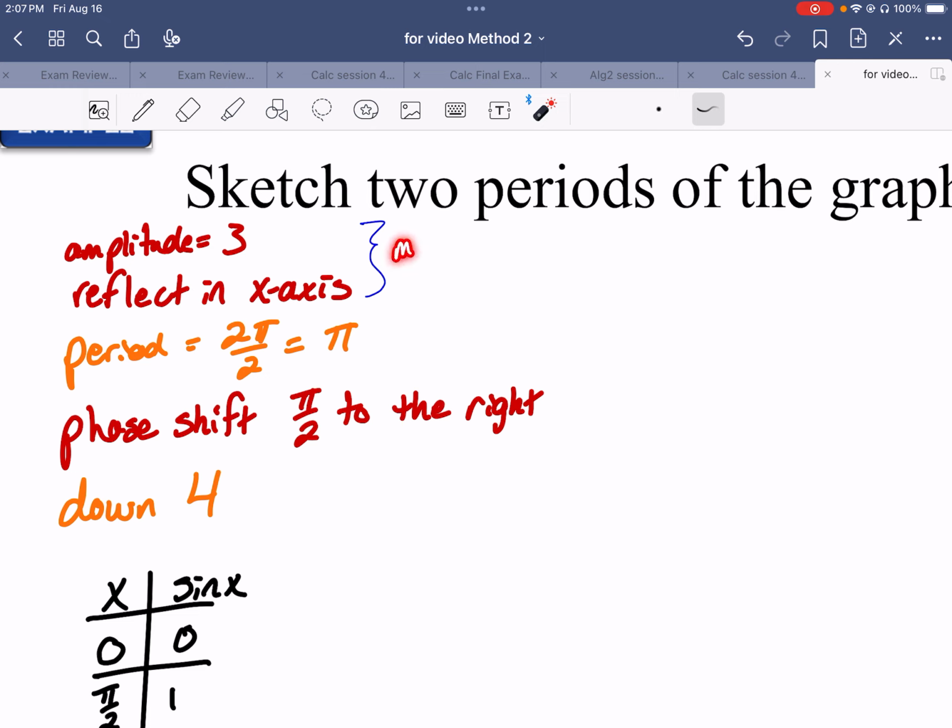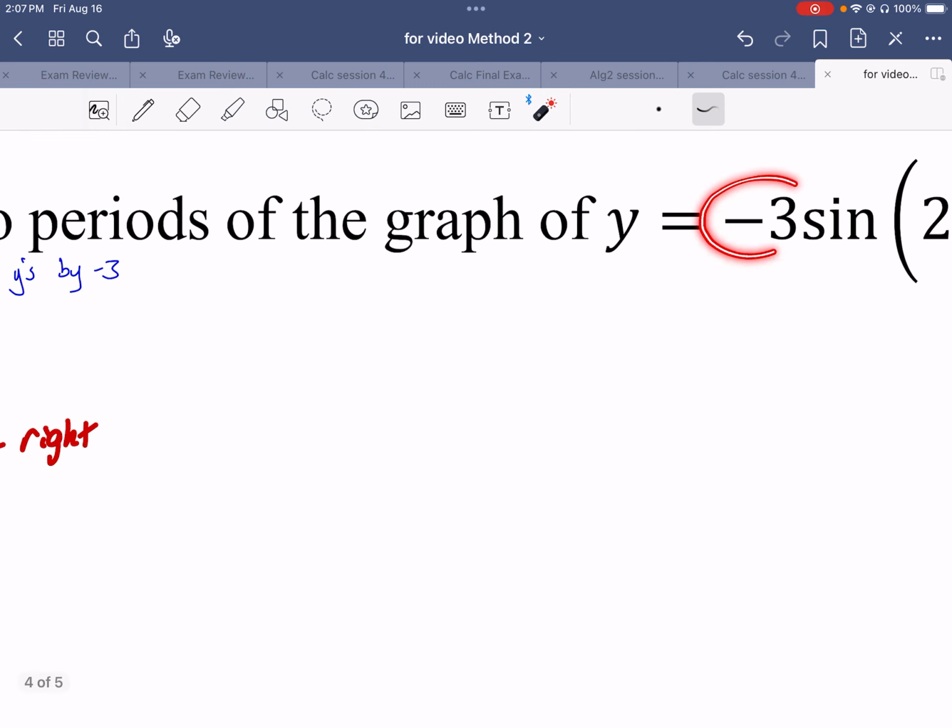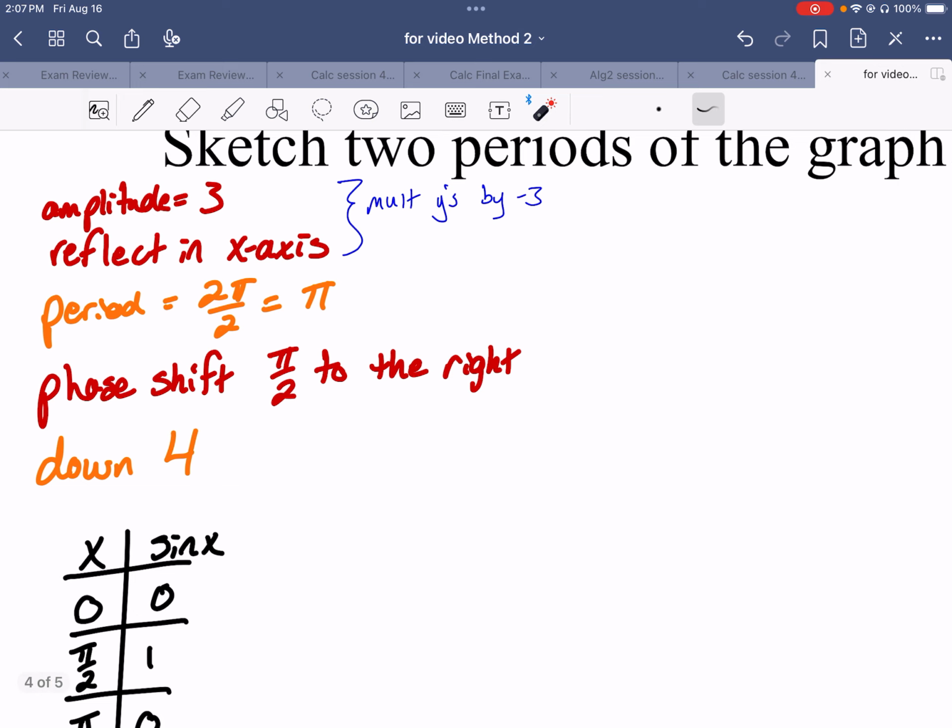So we're going to multiply all of your y values by -3. We're doing the negative because of reflection of the x-axis and 3 because of the amplitude. It's essentially the same thing as whatever came up here in front of the function.